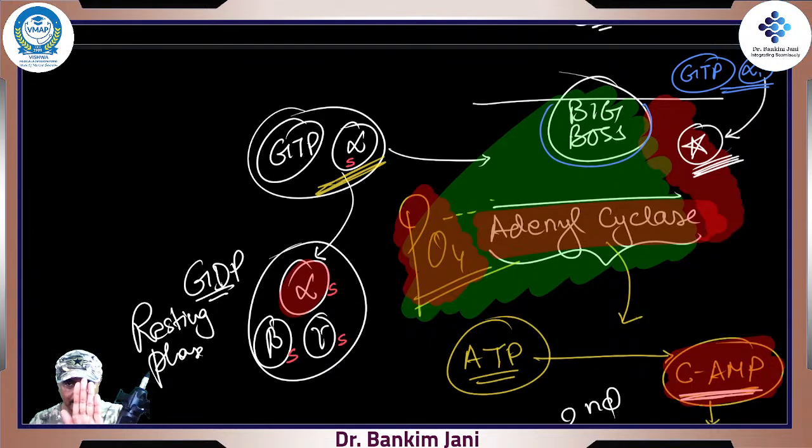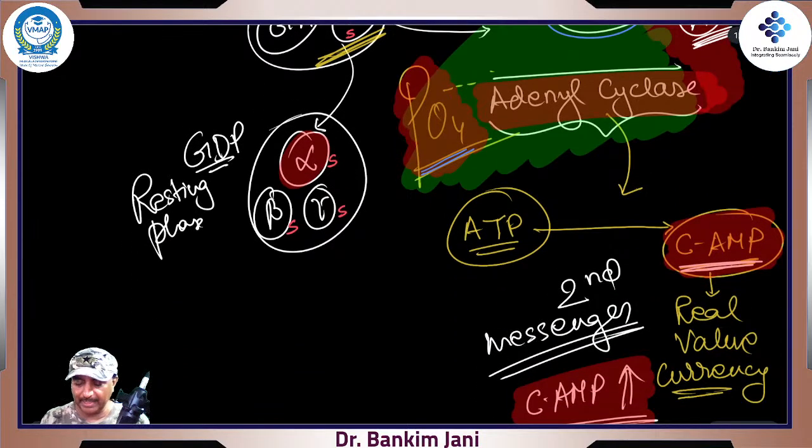Adenyl cyclase is sitting in between, the big boss. On one side, GS is coming, that is alpha S along with GTP. It is telling it, let's work, and it will take away the phosphate and ATP will be converted to cyclic AMP, with all those special effects.